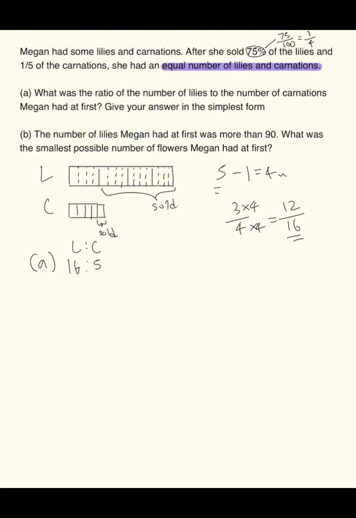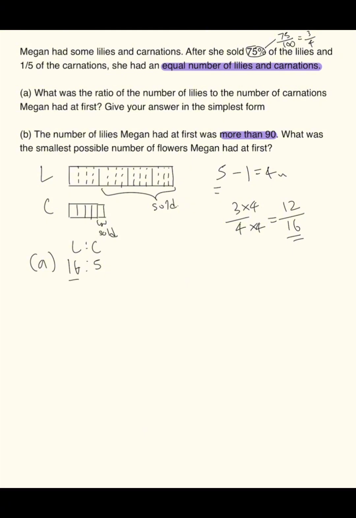Number of lilies Megan had at first was more than 90. Now, what was the smallest possible number of flowers Megan had at first? For this question, we are going to use multiples of 16. Why 16?